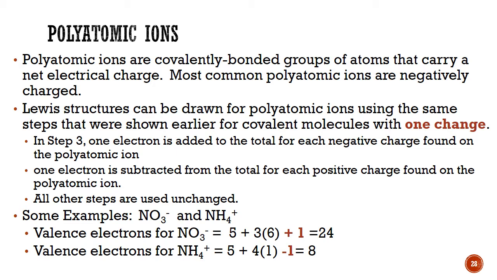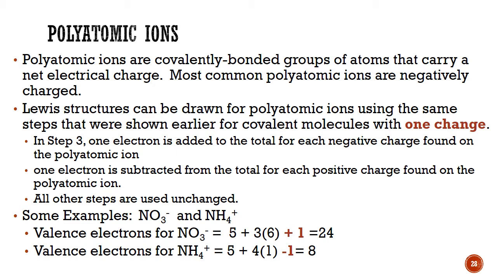Or if it's a positive charge, you subtract one electron from the total for every positive charge. Now, it seems a little bit counterintuitive, but don't forget that electrons are negative. So if you have a negative charge, it means you have extra electrons, so you need to add that number to the sum of the number of electrons.